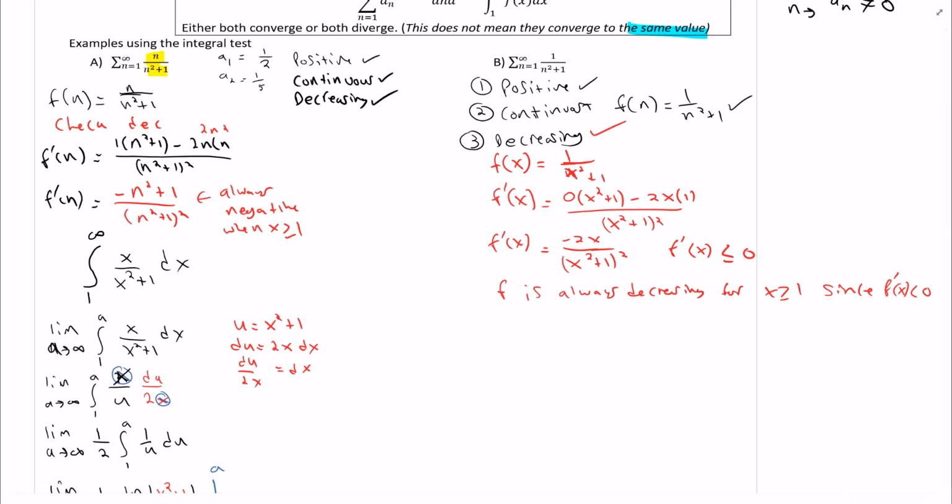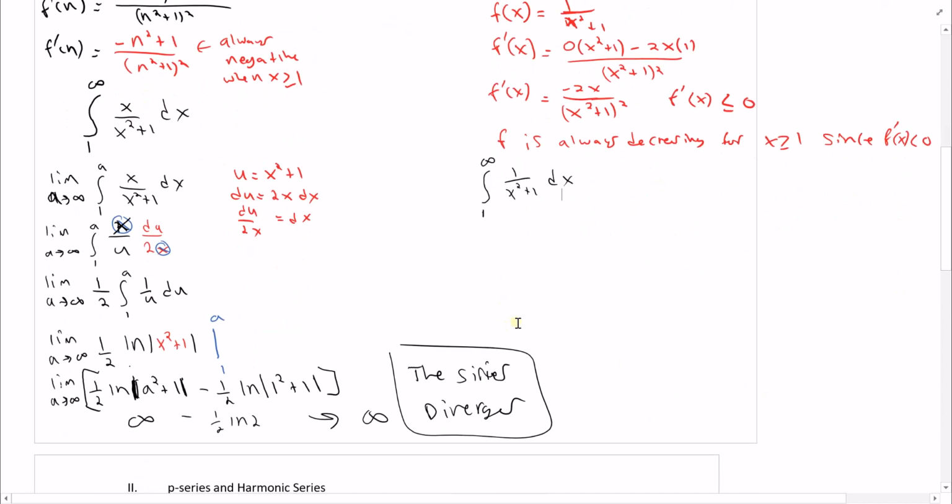Now we can apply our integral test. So the integral test, we're going to go from 1 to infinity of 1 over x squared plus 1 dx. And then to evaluate this, we take the limit as a goes to infinity, of the integral from 1 to a of 1 over x squared plus 1 dx.